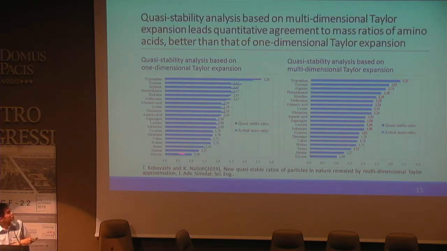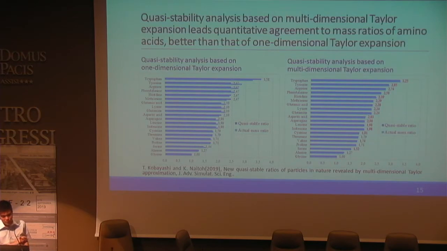The left-hand side one shows the analysis based on one-dimensional Taylor expansion, and the right-hand side one shows that of multi-dimensional Taylor expansion. Data labels shown in these graphs denote the ratios making quasi-stable conditions, which are close to actual mass ratios of amino acids. And the labels shown in red color are better agreements derived from multi-dimensional Taylor expansion.